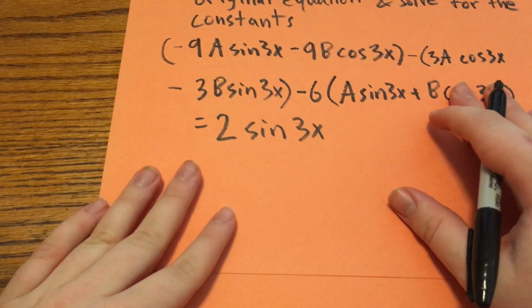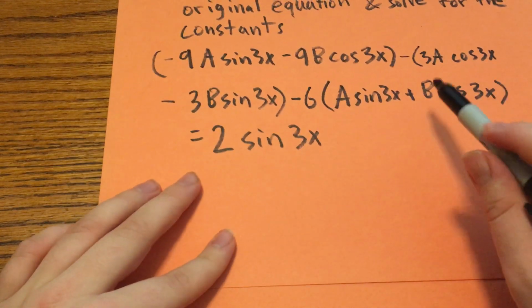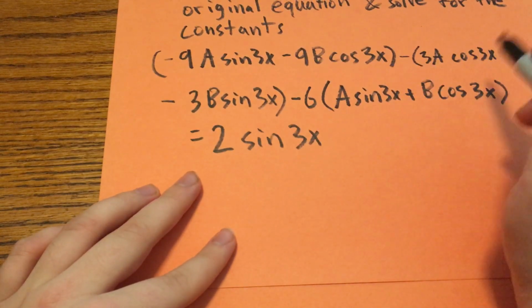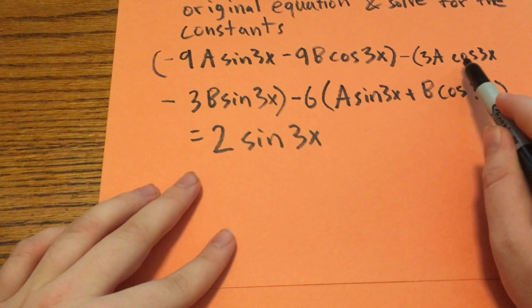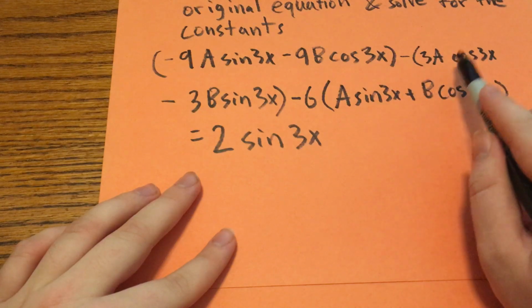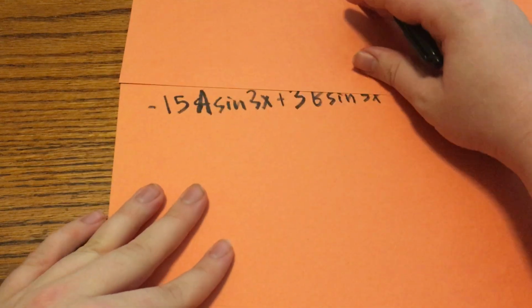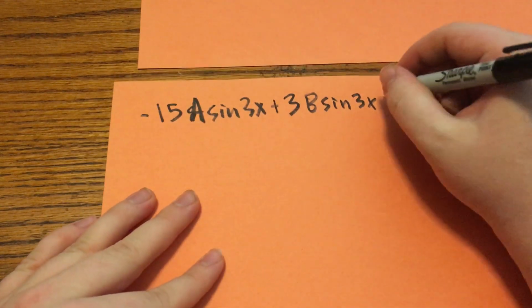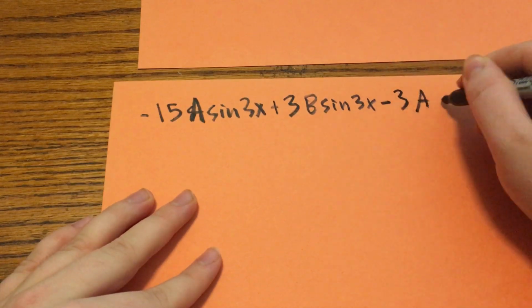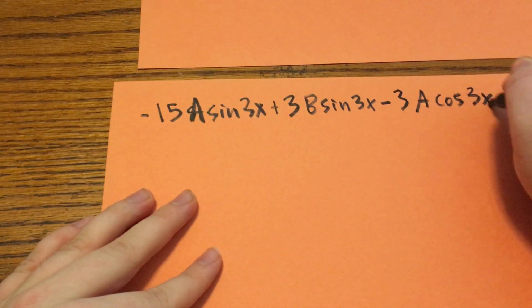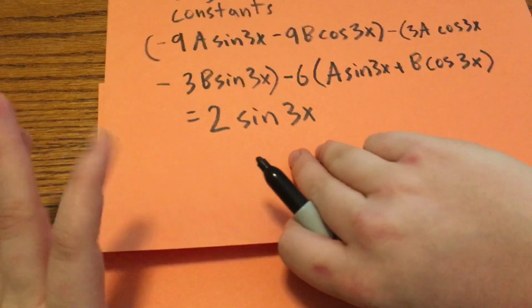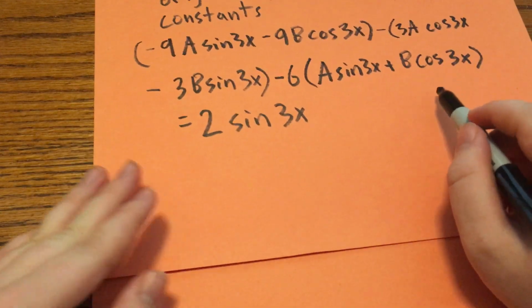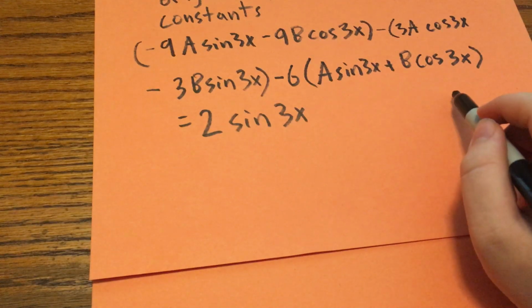Let's see if there are any other like terms. Nope. So let's go to the cosine terms. We see that there is one cosine a term, so it's minus 3a cosine of 3x. And we see that there are two cosine b terms.